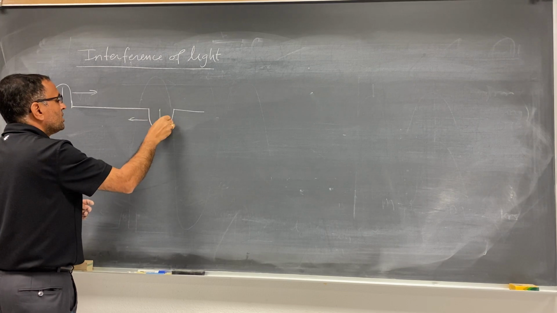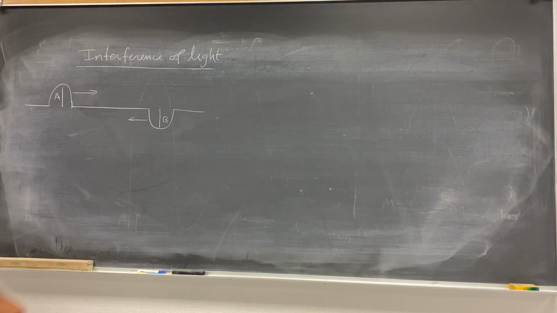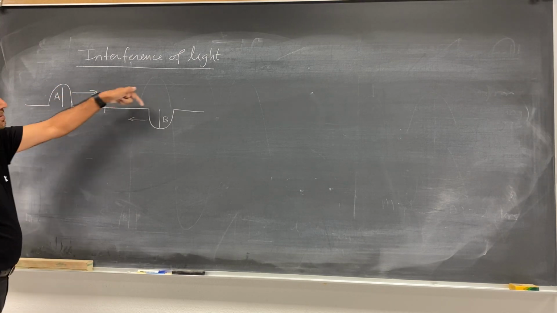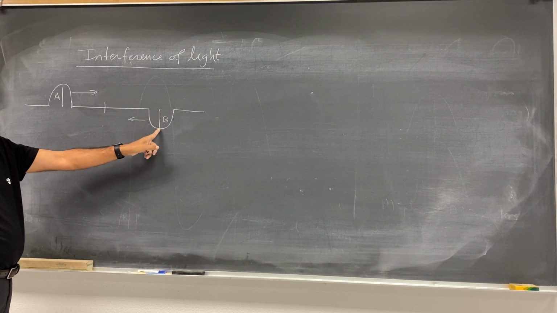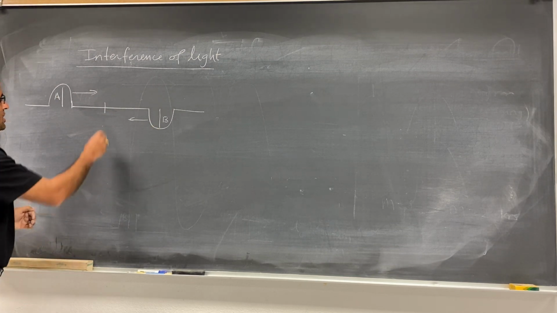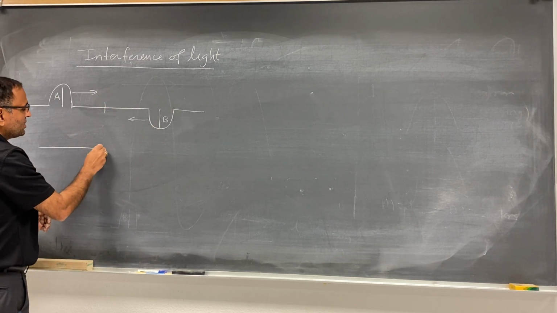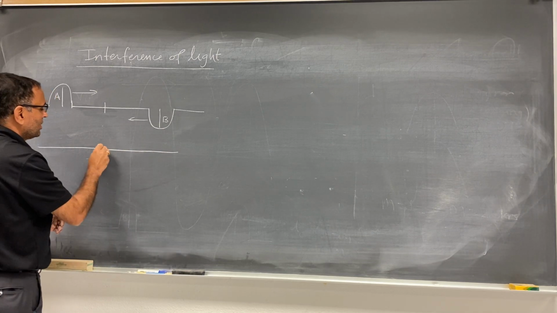This is B. They mix up somewhere here. Look, it is up and this is down. If they mix up here, what happens? This is a crest, this is like a trough. They cancel out. If they mix up right there, you get just a dot. Nothing.